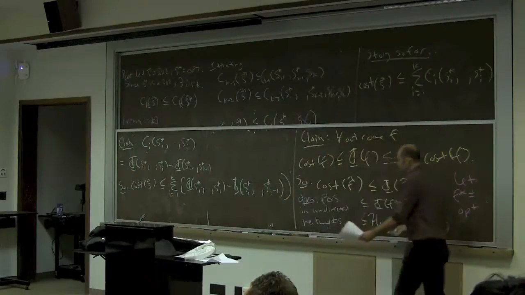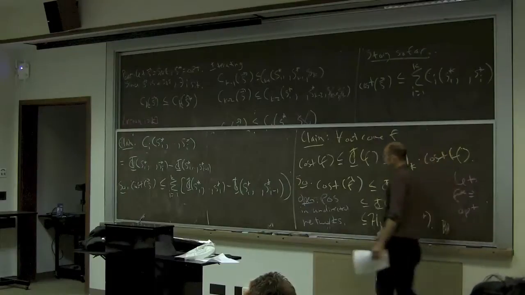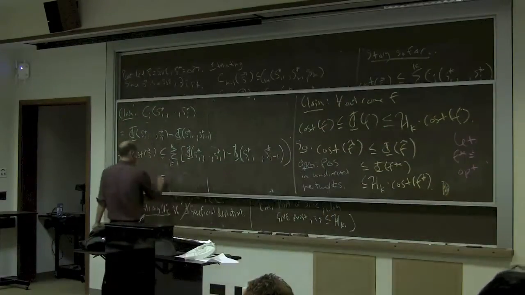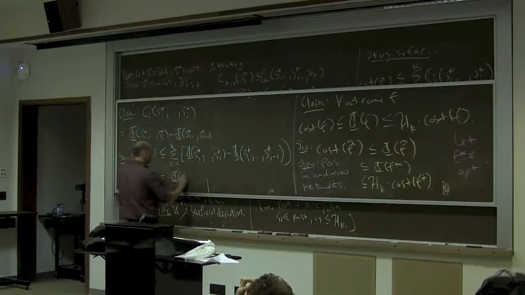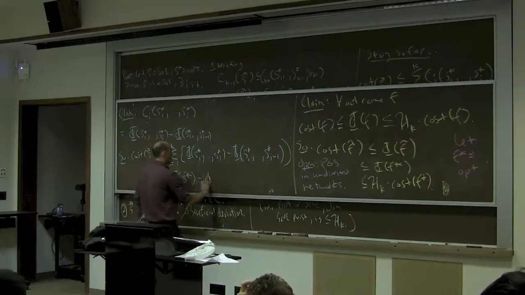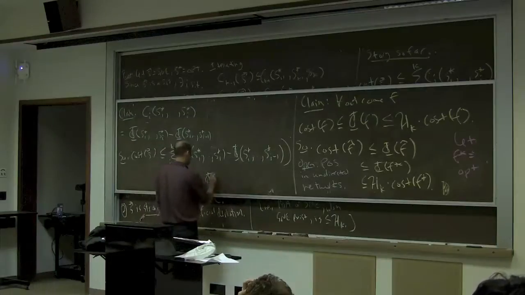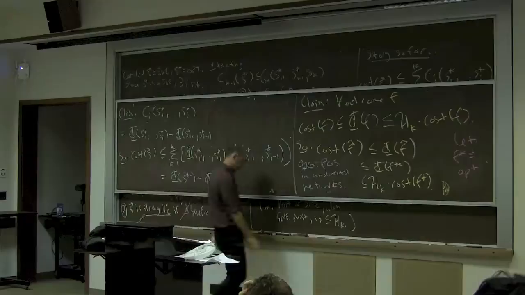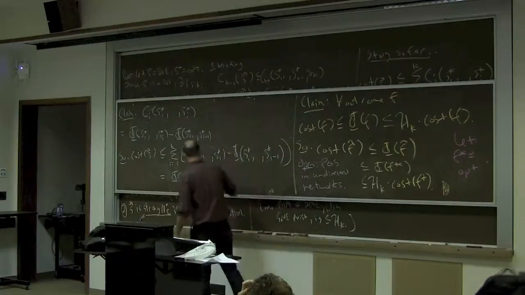In some ways, all of these maneuvers have been to get to this point. So what remains when the dust settles is just the final positive term, which is the potential function value of the optimal solution, minus the last negative term, which is the potential function value of the empty set, also known as 0.